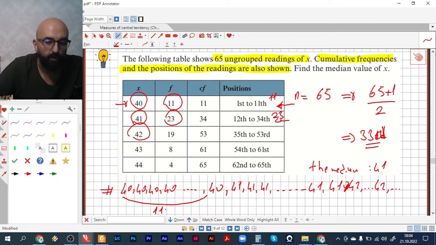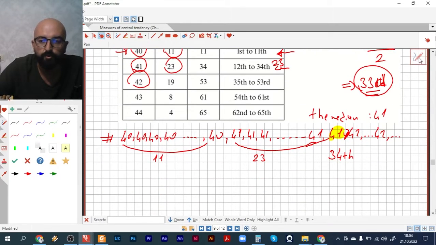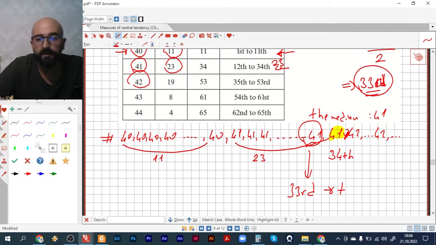Here 11 40s, here 23 41s. So this value is the 34th value, but you want to find the 33rd value, so this value is the 33rd value, and also it is the median. So our median is 41.